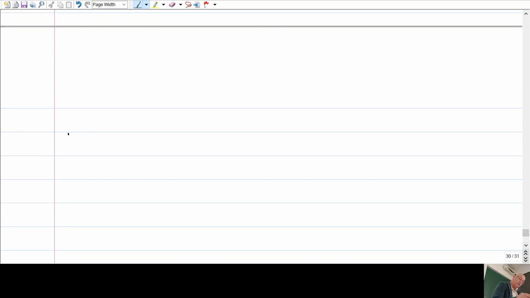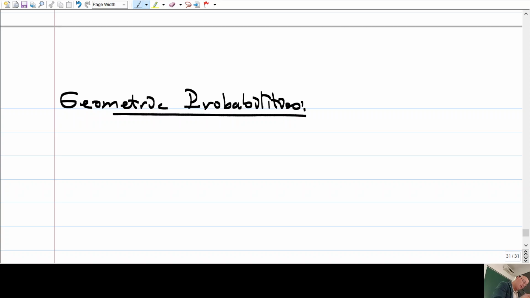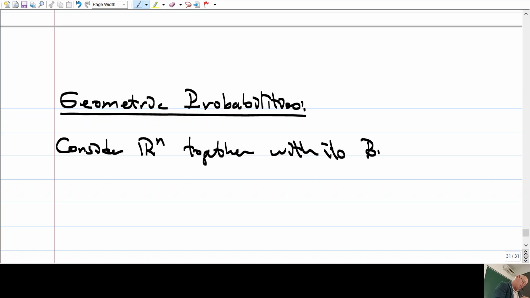We have other probability spaces, for example, geometric spaces. Let me explain them: geometric probabilities. All right, now consider R^n together with its Borel sigma algebra.